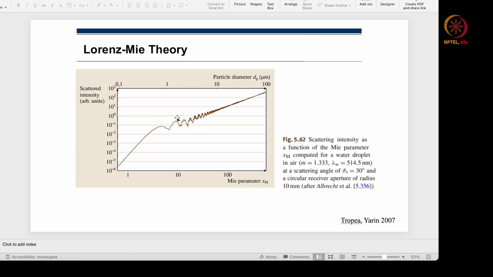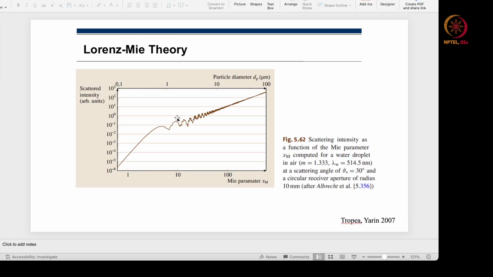The caveat is that you need to decrease your particle size if you want the particles to follow the flow, but it also comes with the caveat that your scattered intensity drops pretty rapidly. So you have to operate at a region where there's an optimization. That means you have an optimal scattered intensity of light, and at the same time a sufficiently small tracer diameter which can follow the flow field without any lag. Because if there is a lag, then you are unable to measure the flow field properly.